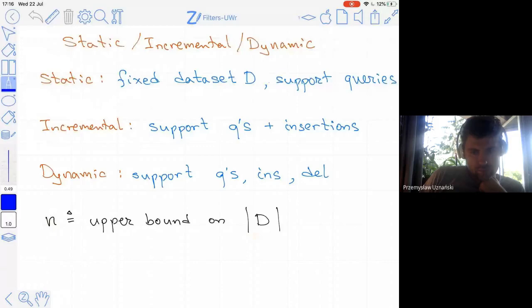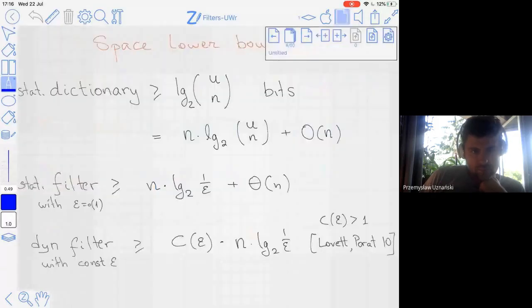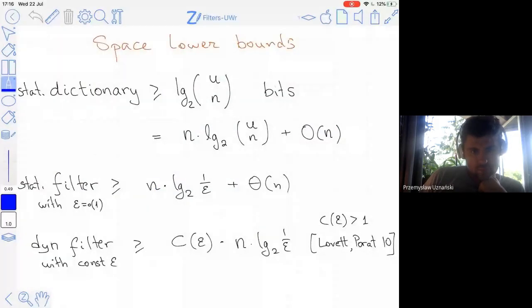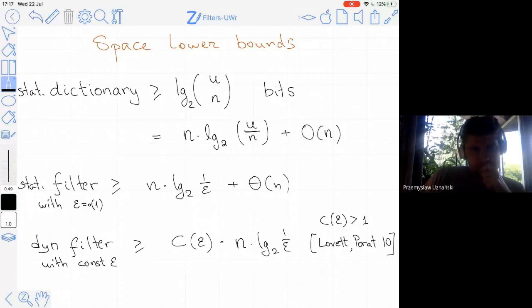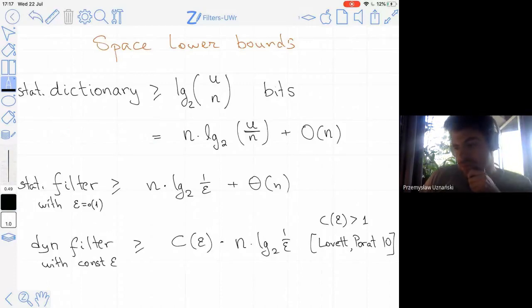Now, the reason that people are interested in filters is because you can reduce the space. Okay? So, there's a typo here. Let me fix it. If you look at a static dictionary, then it has to somehow represent n elements out of a universe of u elements.